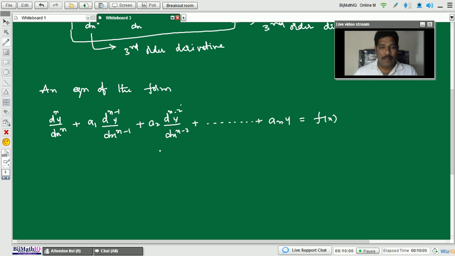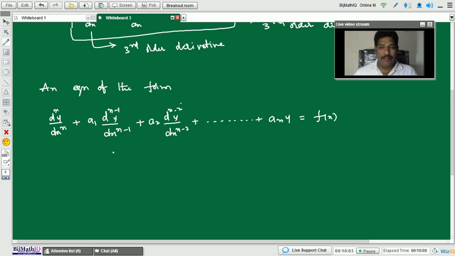This is called the general form of the nth order linear differential equation.